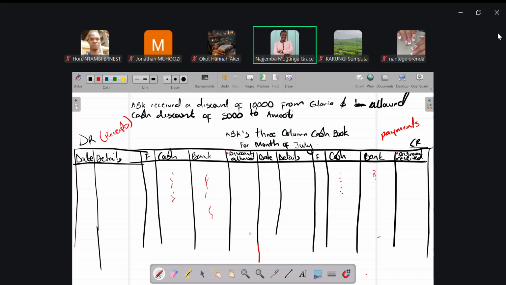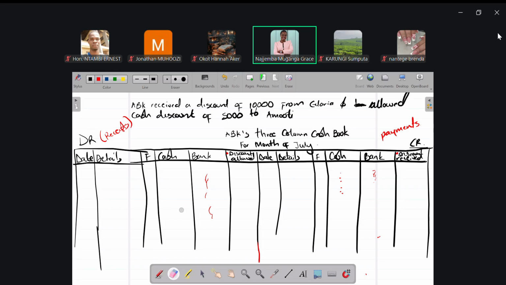Let that be a reminder for you to have the discount allowed on the debit side. Then discount received is income. Whenever incomes increase, we credit. So that should always remind you to have your discount received on the credit side.